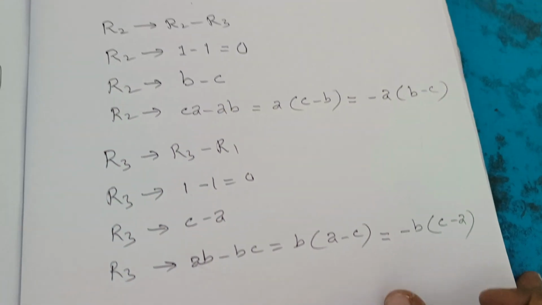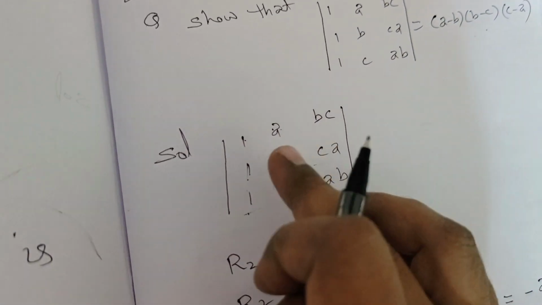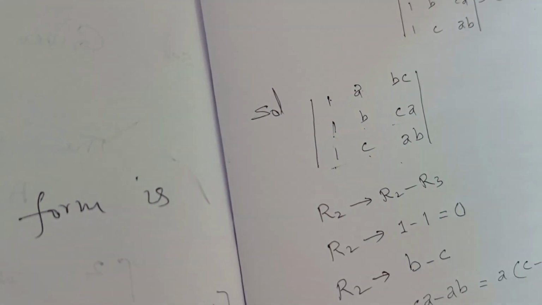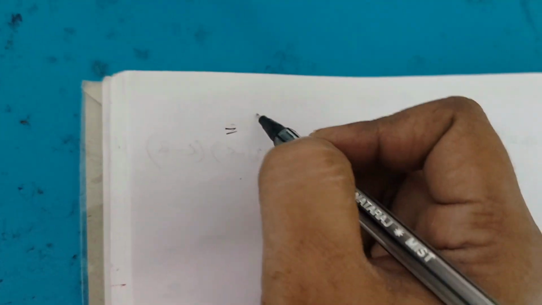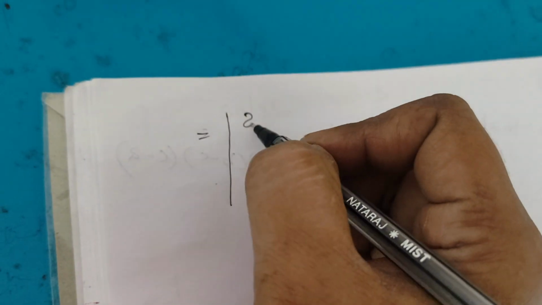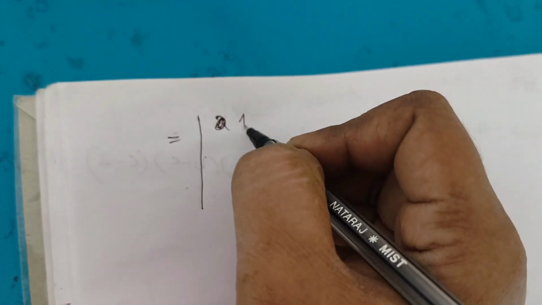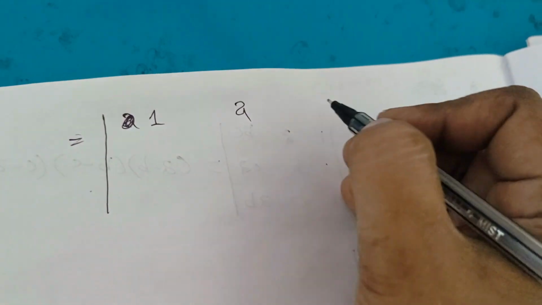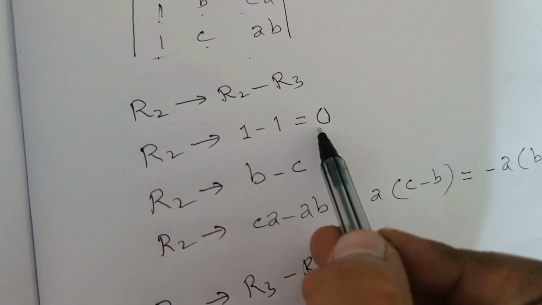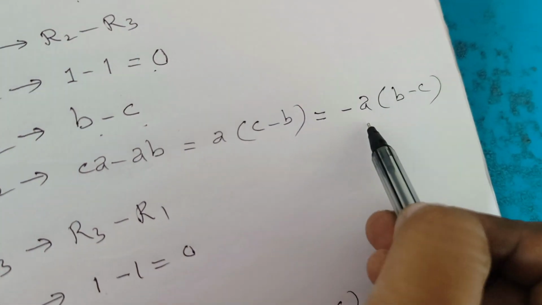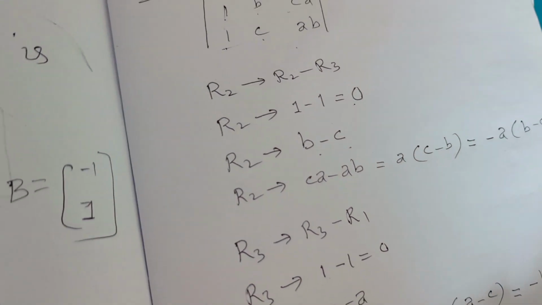the third row elements. So here we will write the first row as it is: 1, a, bc. In the first row we are writing 1, a, bc. Second row elements are 0, b minus c, minus a into b minus c.